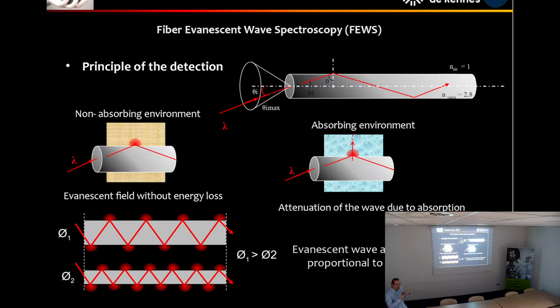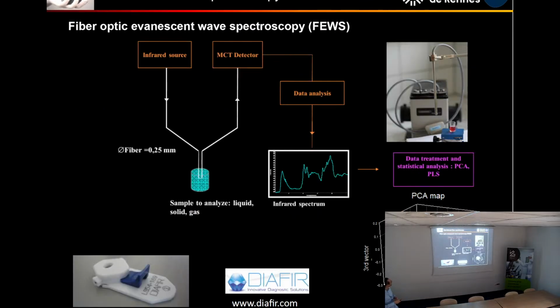So if you have absorption, at the output of your fiber, you will see the chemical signature, the infrared signature of the absorbing environment. And this has been used for making medical diagnosis and other analysis.